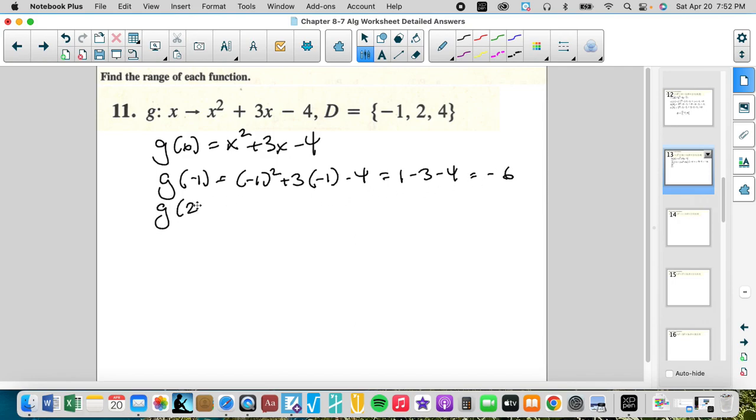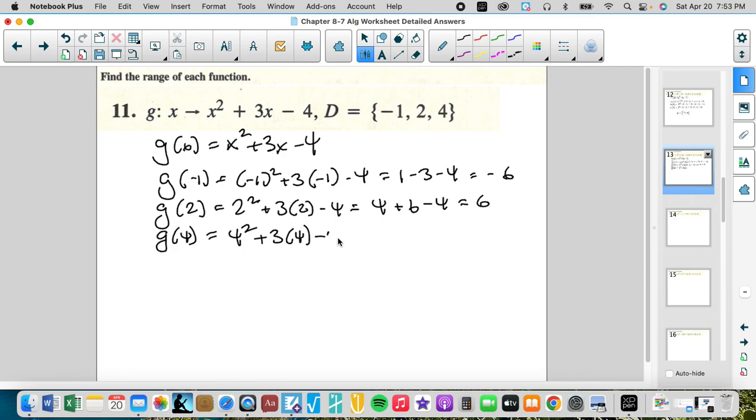G of 2 equals 2 squared plus 3 times 2 minus 4, which is 4 plus 6 minus 4, which gives you 6. G of 4 gives us 4 squared plus 3 times 4 minus 4, which is 16 plus 12 minus 4, which is 24.